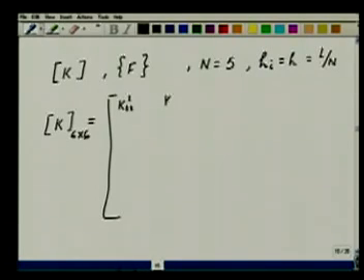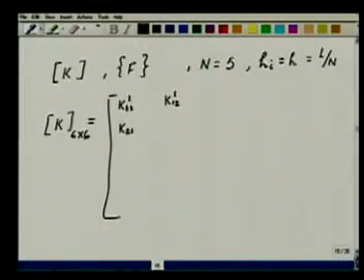Here will come K12 of element 1. This is all that the element 1 contributes to the first row, that is the first equation. Similarly, in the second equation, it will have K21 of element 1, K22 of element 1. So the element 1 entries go to the first row, first column and second column, second row, first column and second column.